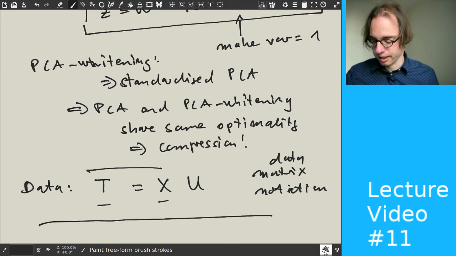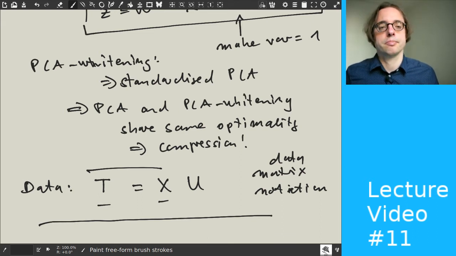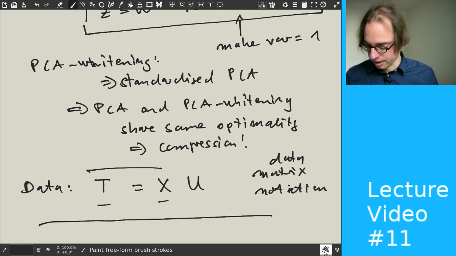The thing that's new in PCA is that you usually have some visualization coming along with PCA, and I would like to talk about this.